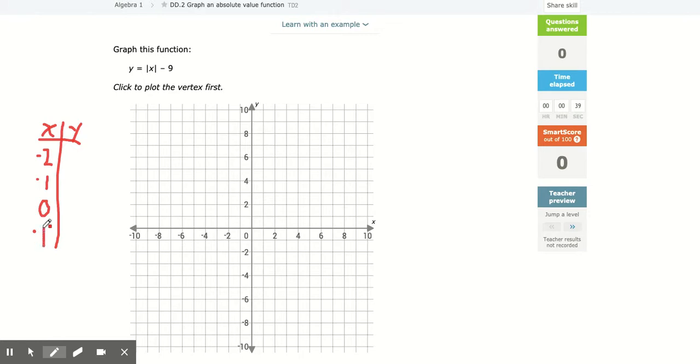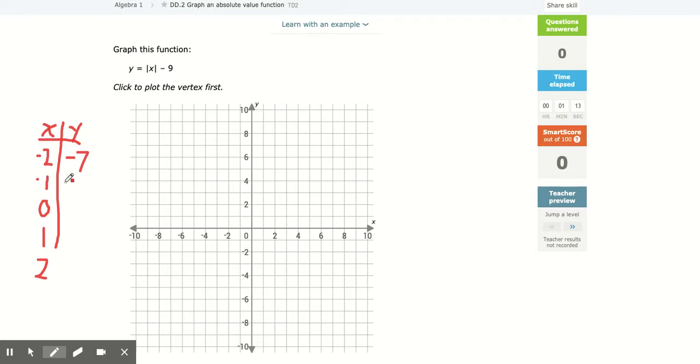Sorry, this should not be negative. That's just 1, and that's 2. These values that are close to the origin, 0, 0, are usually good ones to do. So now for each of these, -2, absolute value of -2 is +2. 2 minus 9 is -7. Okay, so I have a point on the graph here at -7.